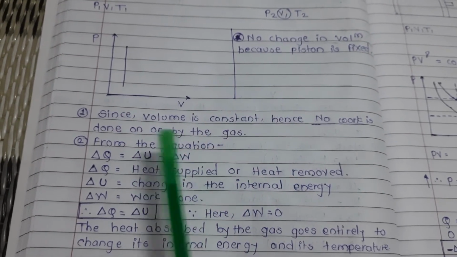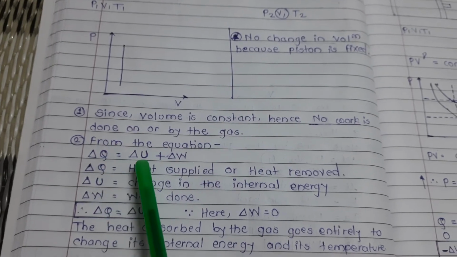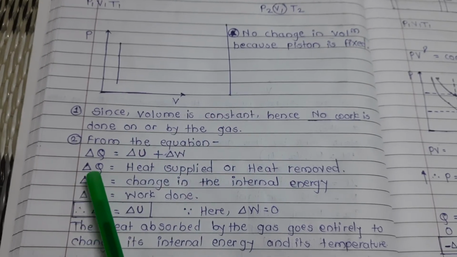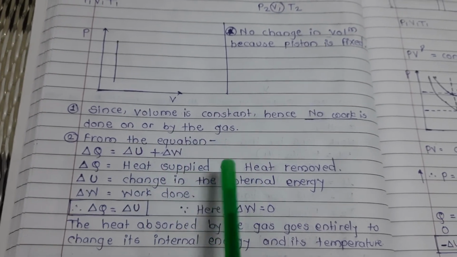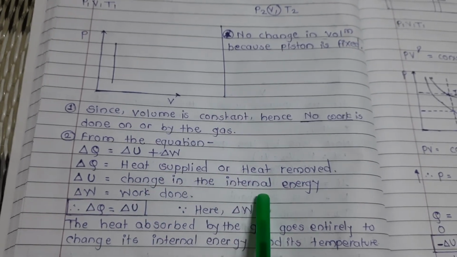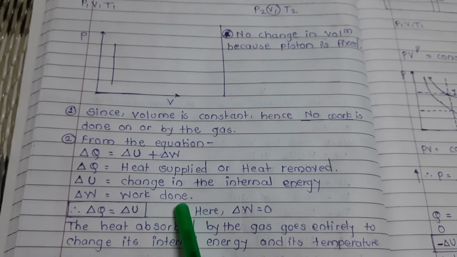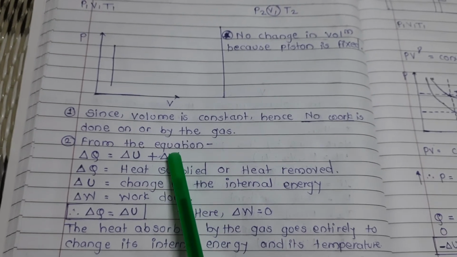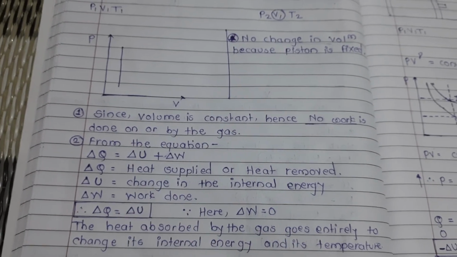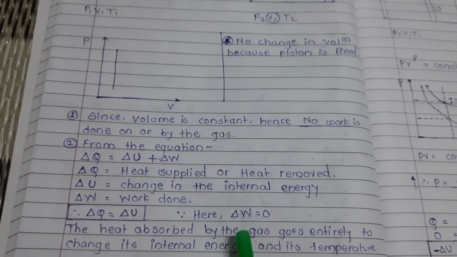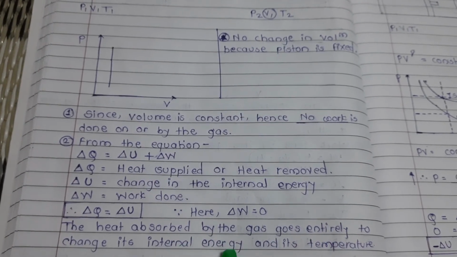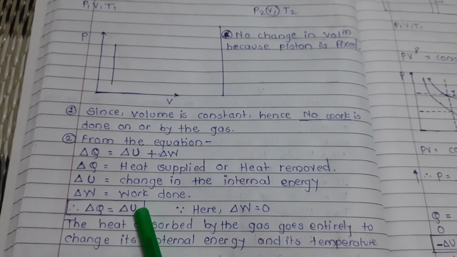From the equation, delta Q is equal to delta U plus delta W. Delta Q is heat supplied or removed, delta U is the change in internal energy, delta W is work done, but here work done is 0, hence delta Q is equal to delta U. The heat absorbed by the gas goes entirely to change its internal energy and its temperature.